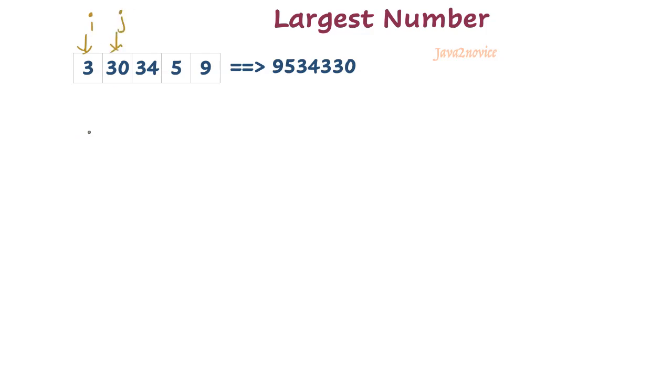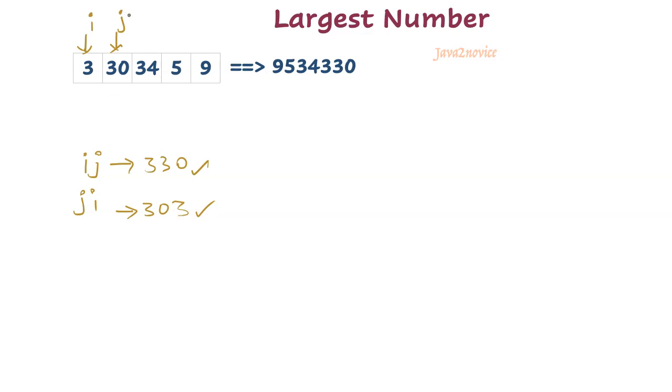In these iterations, the possible combinations are ij and ji. ij will form 330, ji will form 303. Since 330 is bigger than 303, it is in proper order. No swapping is required.